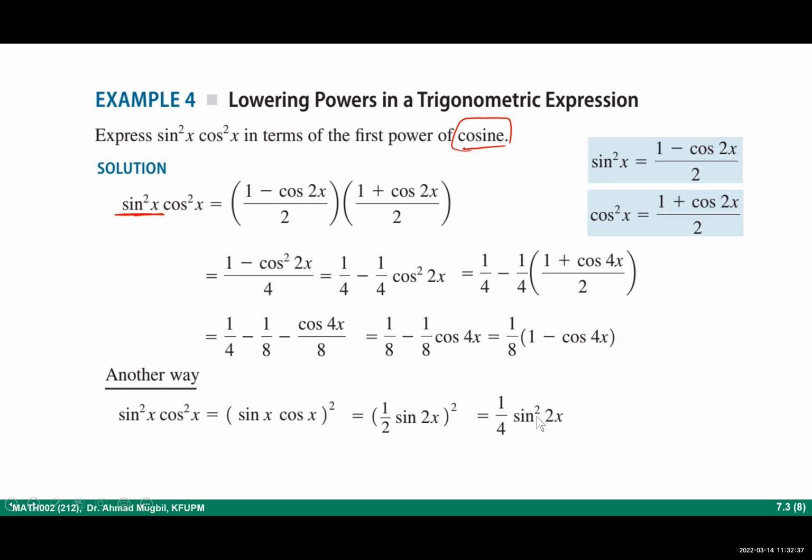Now for this formula, which one will you use? This one. But be careful. Here it is x, here it is 2x. So when you have 2x, it will be 4x. And the same answer, but in a shorter way. We didn't need to apply it twice.